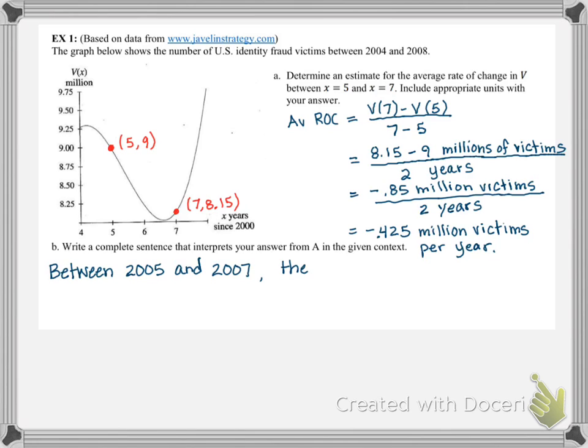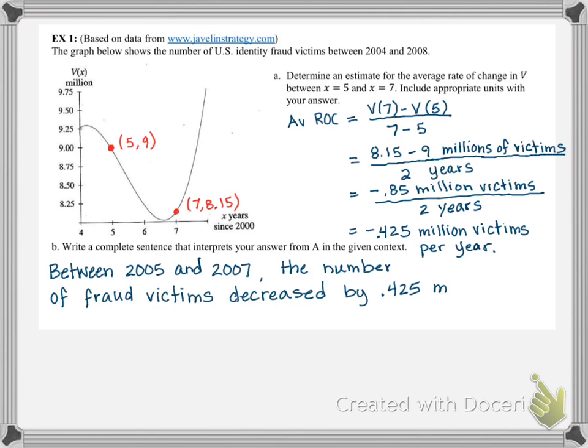The number of fraud victims decreased by an average of 0.425 million per year.